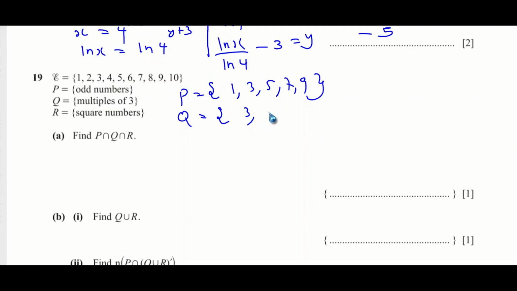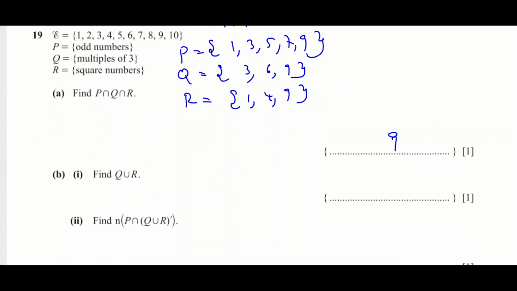That will be 3 itself, 6, and 9. So you count in threes, starting from 3. Then set R will be equal to square numbers. So you have 1, you have 4, and you have 9. So from here, P intersection Q intersection R should be 9, because 9 is common to the 3 sets.